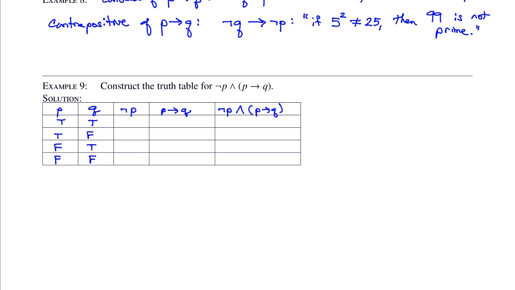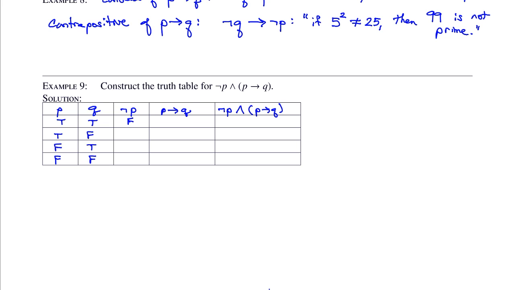Next, we'll build up the 3rd column. I recommend that you do these by columns instead of by rows. I think you'll get more out of it if you do it by columns. In the 3rd column, we want to negate P. So I look and see what P is in this first truth value row. In the first row, P is true, so not P must be false.